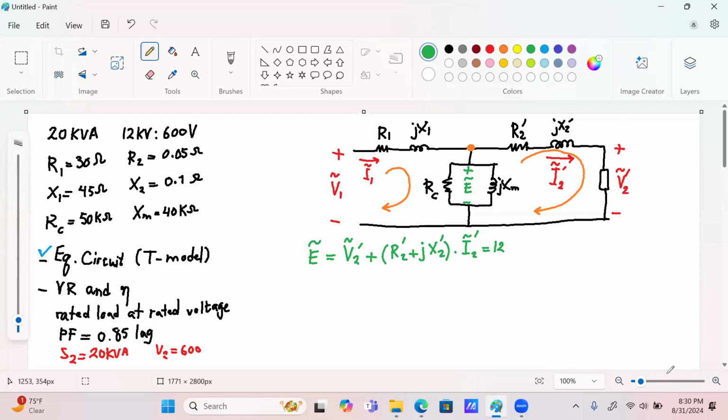That would be 12,000 with angle 0 plus R2 prime is 20 plus j40 times 1.67 with angle minus 31.78 degrees. This can be calculated as 12,064 volts with angle of 0.18 degrees.